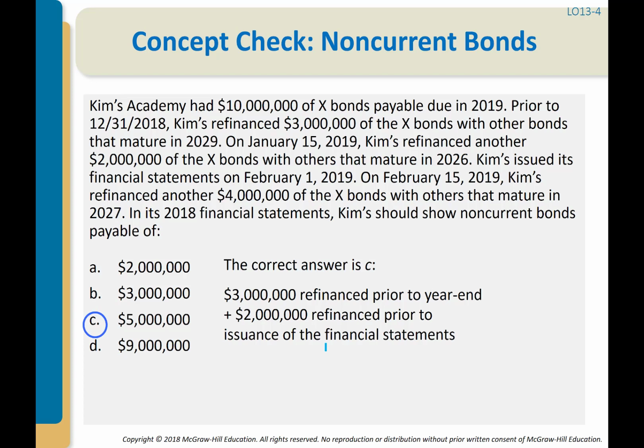When you say a letter of intent to refinance, they have to have either refinanced it or they have to have an agreement in place for borrowing that'll allow them to refinance it. It can't just be, we intend to. There's got to be a contract that they can borrow the money to refinance. But yes, if they actually refinanced it prior or they had the non-cancelable refinancing agreement, that would then be non-current as well.